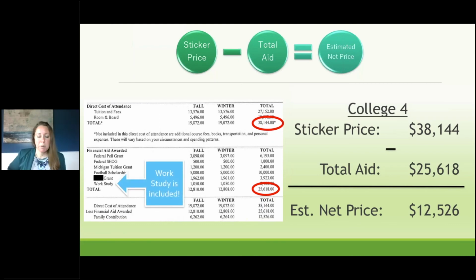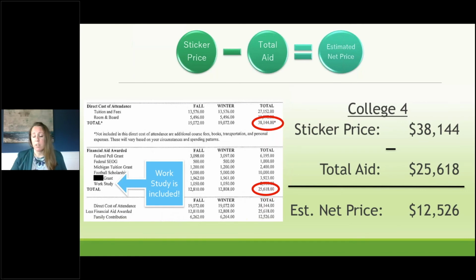So one thing to keep in mind here is that the student is being offered work study. So if you see that work study being included in the financial aid award for the student, it might be a good time to have that discussion. Is the student planning on utilizing work study?